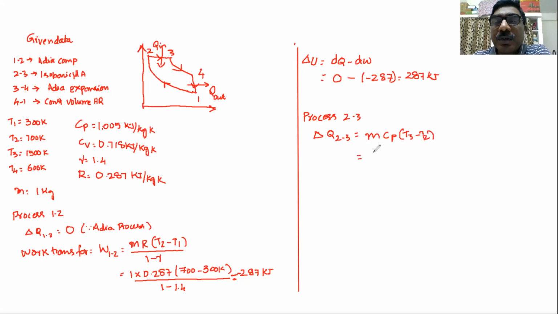So what is this one? m means 1 kg and Cp is equal to 1.005 into (T3, that is 1500, minus T2, which is 700). So how much is this one? Let me calculate this.